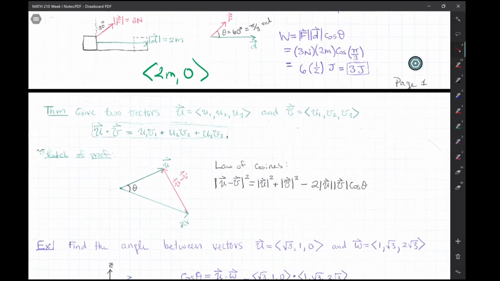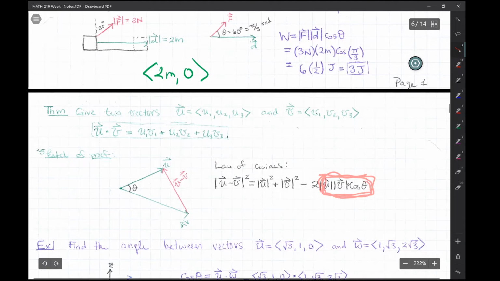And the sketch of proof of that, so not the official one, is you can draw the vector u this way, you could draw the vector v this way, and notice that u minus v, this vector here, closes that triangle. The rest is just using the law of cosines and noticing that this guy here is the dot product.